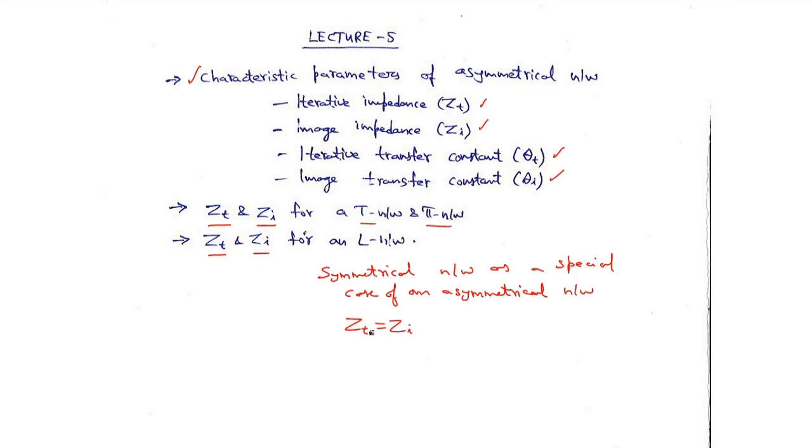So we have ZT1 equal to ZT2, which will be equal to the image impedances ZI1 and ZI2, which will be the same as the characteristic impedance for that particular symmetrical network. Also we have done one numerical problem in which we have found out the image impedance ZI for a balanced asymmetrical T network.